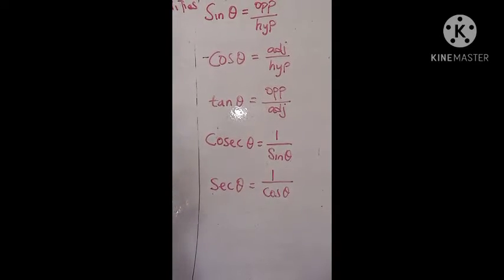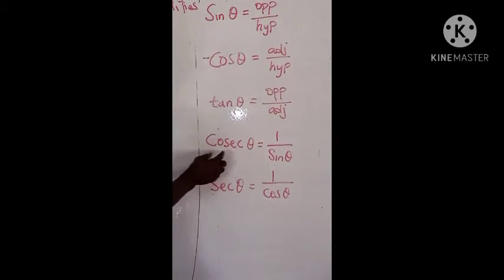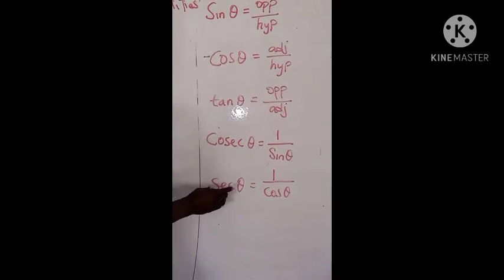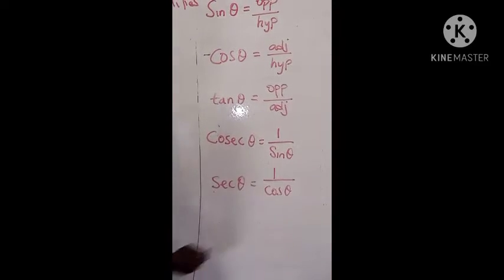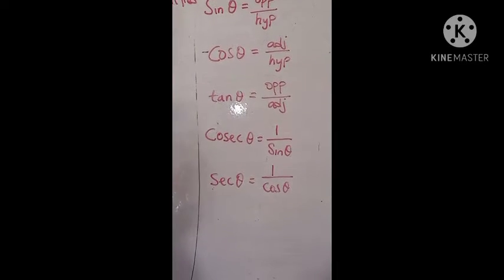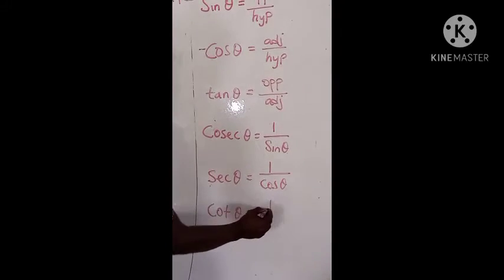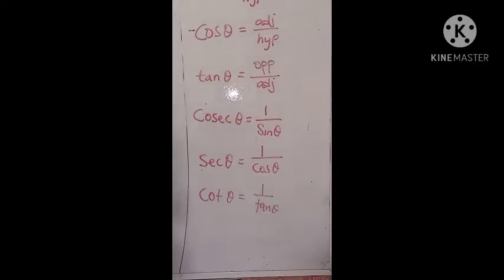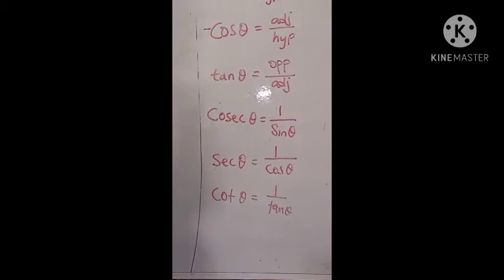One of the basic principles I use to hold this is cosec, which looks more like cos, is the inverse of sine, and sec, which one might want to see as similar to sine, is the inverse of cos. Then lastly, cot theta is the inverse of tan theta.